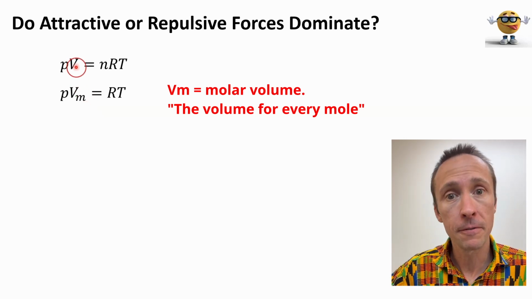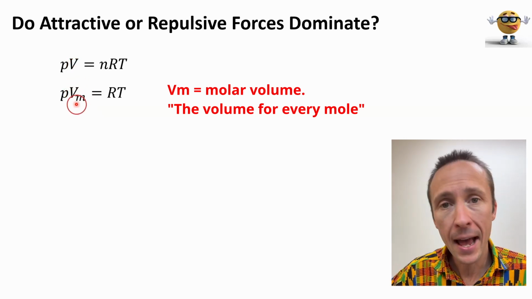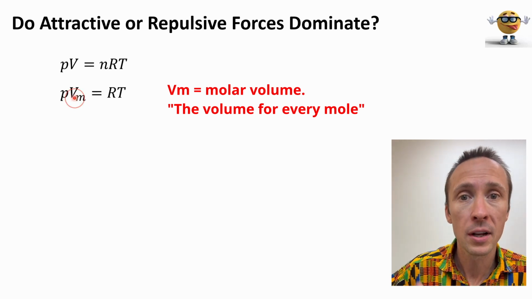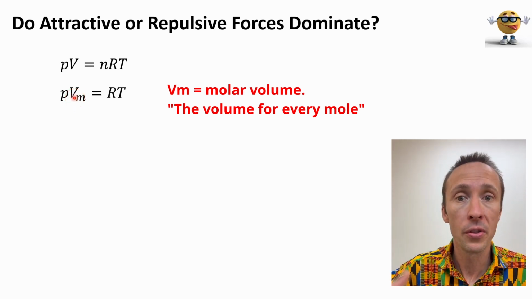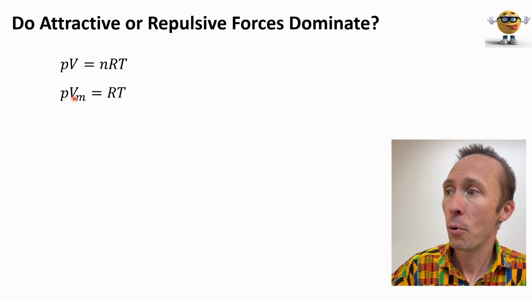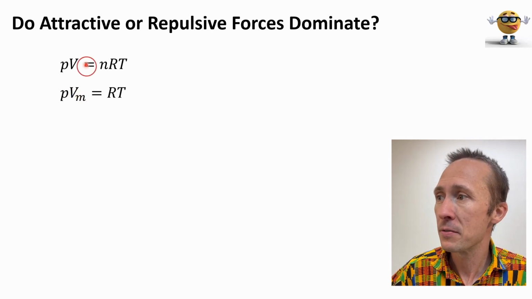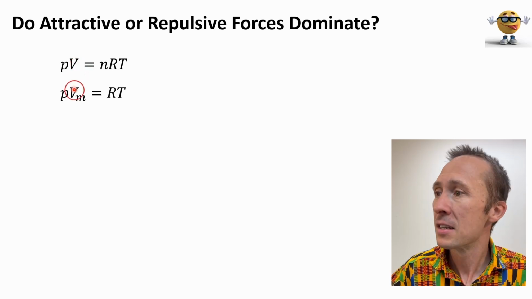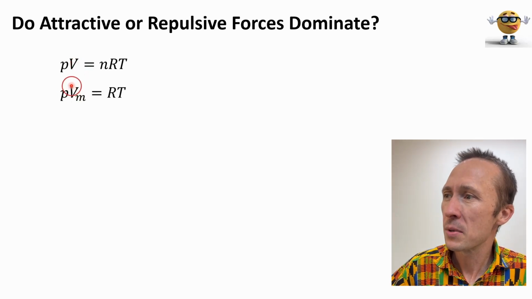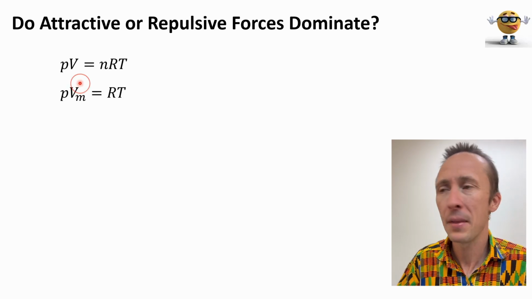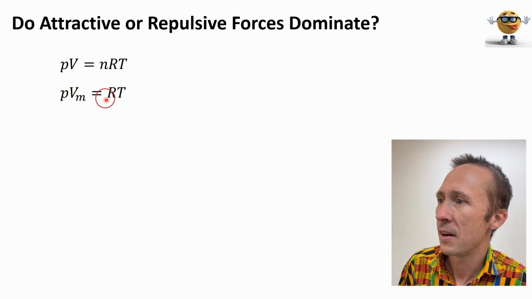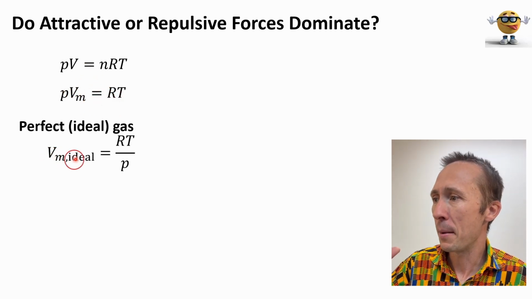V is the volume, but Vm is the volume per mole, kind of like how many liters per mole the gas has. This is important because it's an intrinsic property. It doesn't depend on the amount of substance. The volume does. You may also see this with a bar on top, but anyways, this is the equation divided by n. That's for a perfect gas.